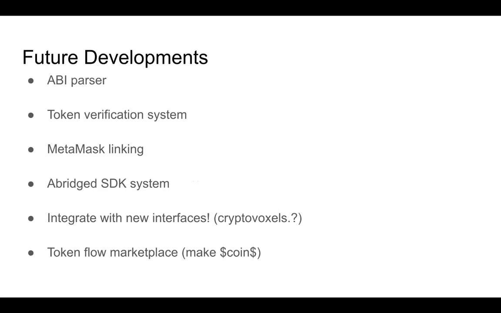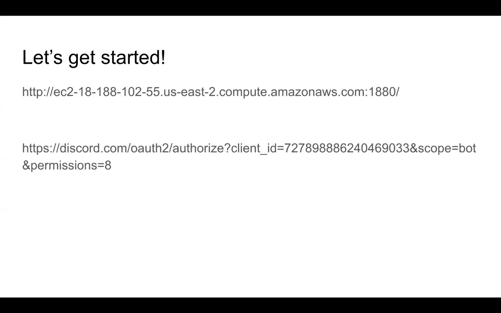That will be managed using Airtable, which we've also been using as a caching layer. In lieu of integrating The Graph protocol as well as Blocknative, you can use Airtable with Node-RED to serve similar purposes, to cache and listen and send messages. And then integrating the two new interfaces, and ultimately creating this token flow marketplace.